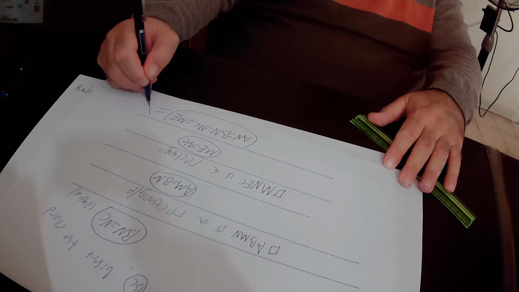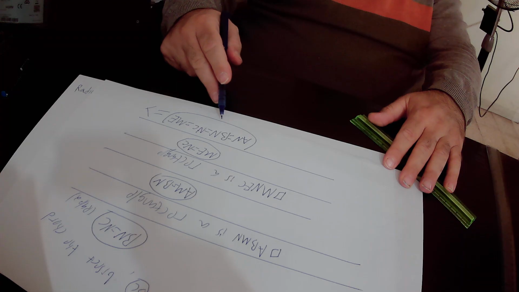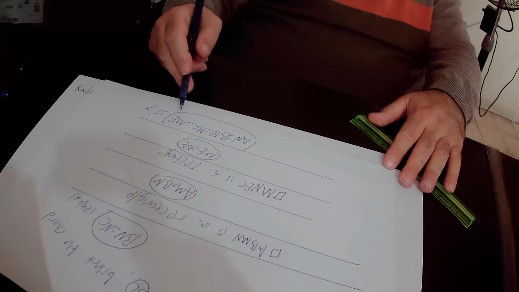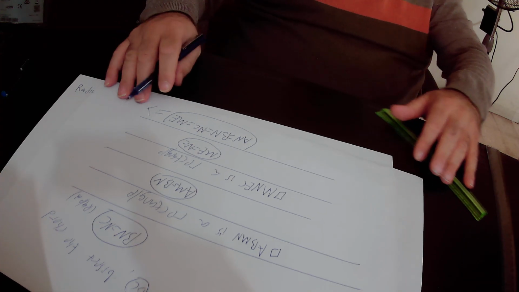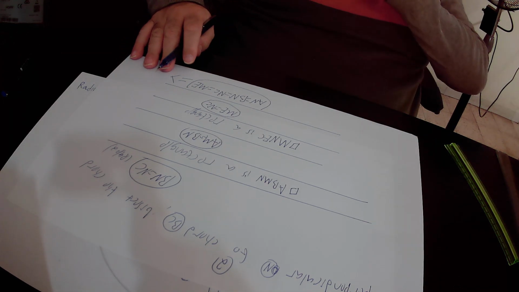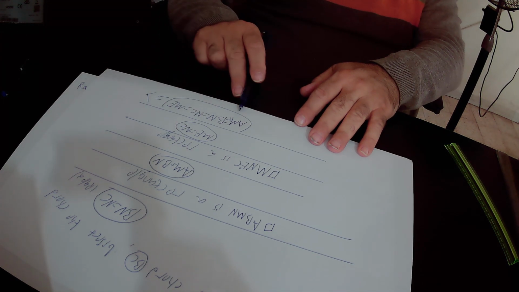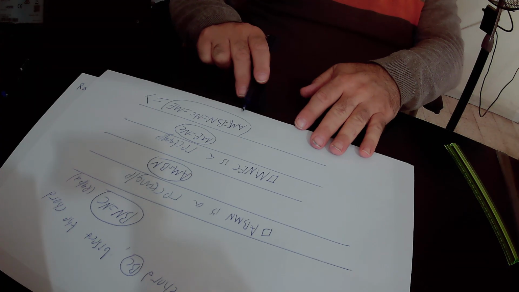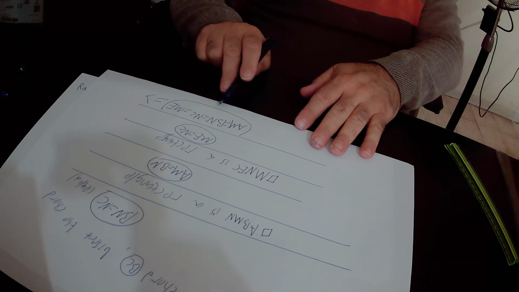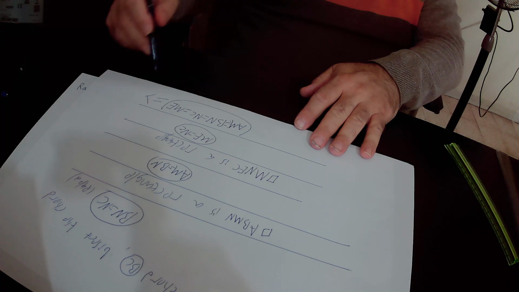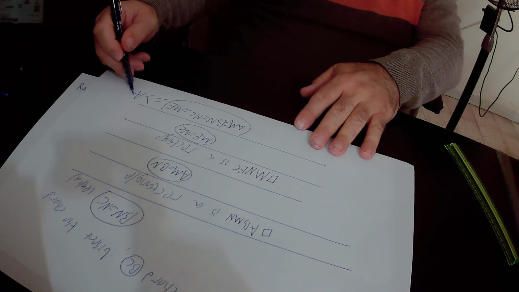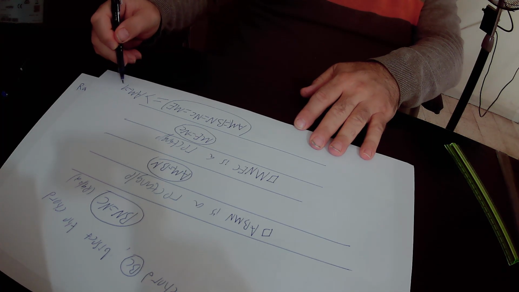And from this long equation, AM equals BN equals NC equals ME, we will derive that AM equals ME.